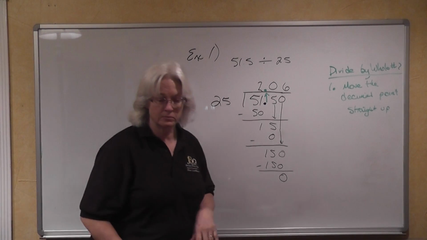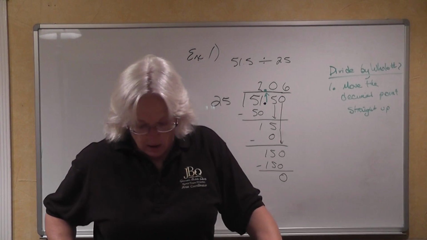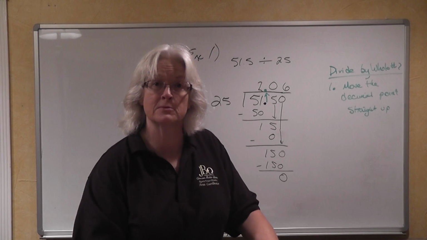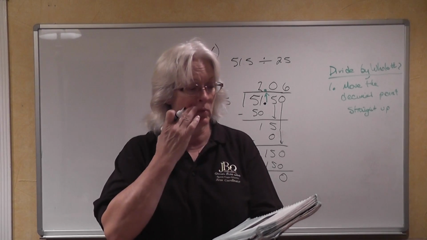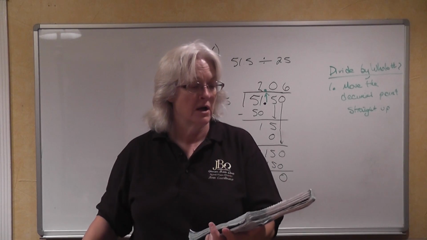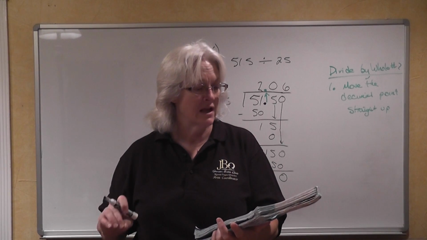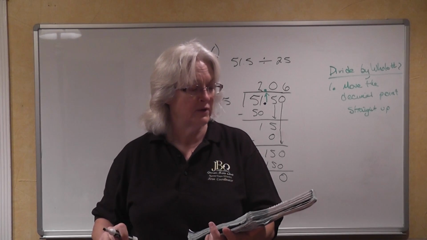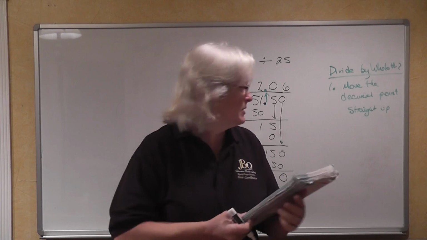So what do we do? Our book tells us on page 97, it says to estimate the quotient in example 1, you first round the decimal to the nearest whole number. Then choose a compatible number for the dividend before you divide. Okay.